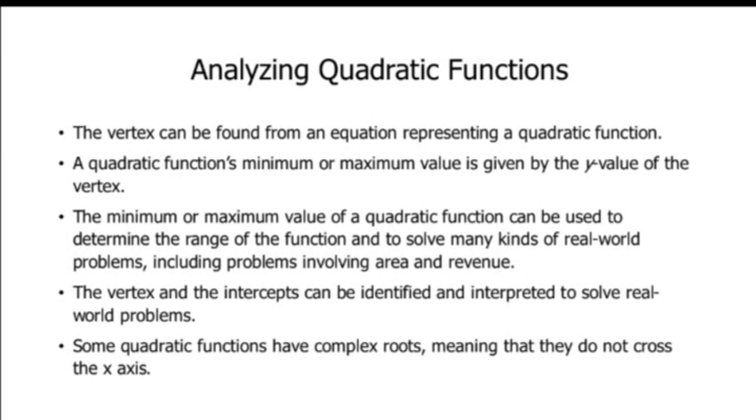The minimum or maximum value of a quadratic function can be used to determine the range of the function and to solve many kinds of real-world problems, including problems involving area and revenue. The vertex and the intercepts can be identified and interpreted to solve real-world problems. Lastly, some quadratic functions have complex roots, meaning that they do not cross the x-axis.